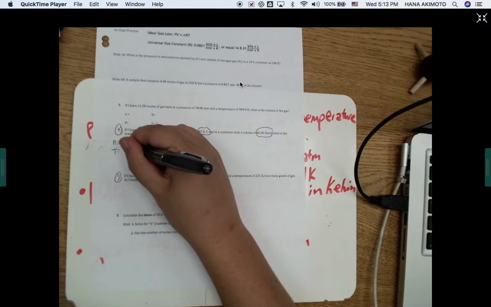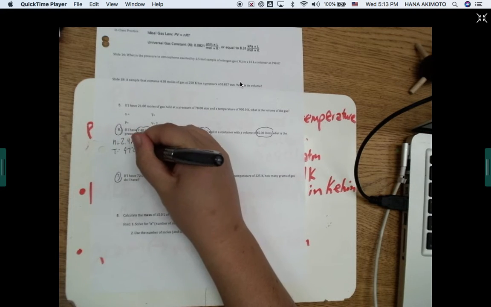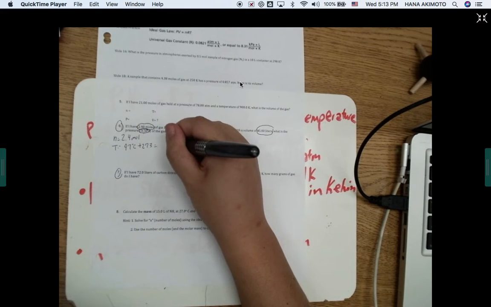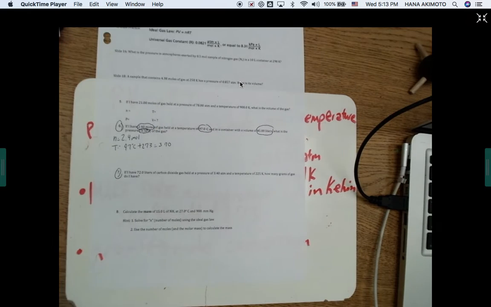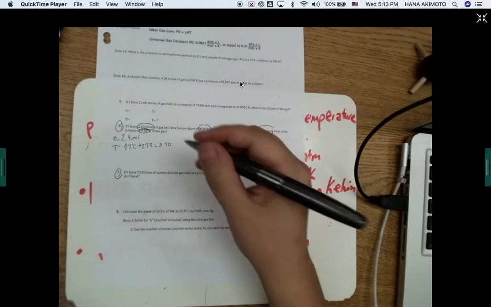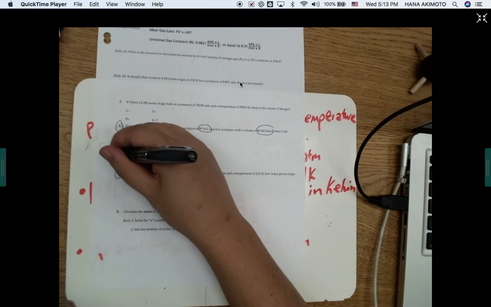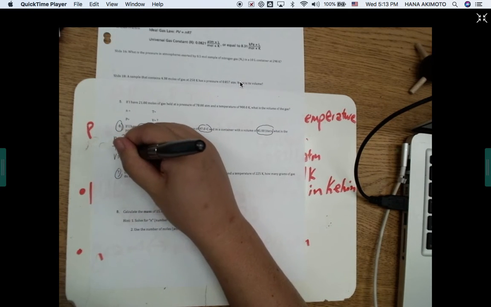So what do I have to do? Add 273. So 3 plus 7 is 10. Now add 1. So it should be 370. Pretty confident on that. 370 K. My volume is going to be 45 liters.